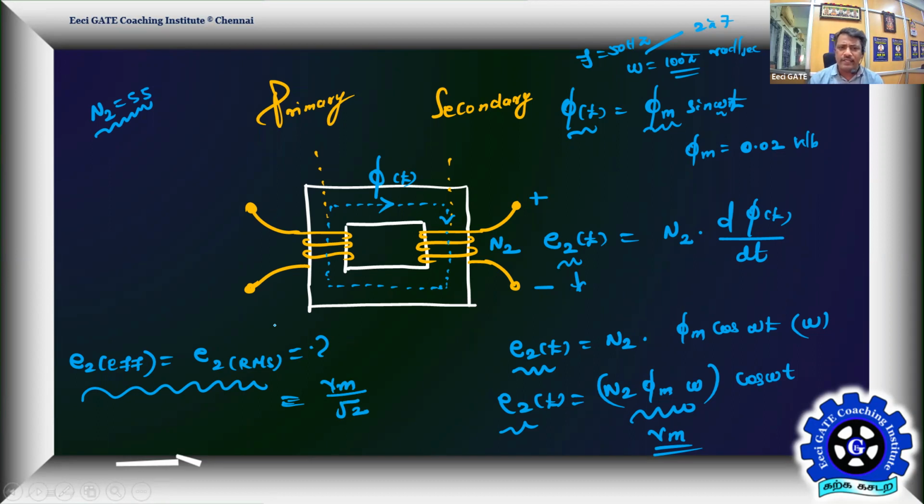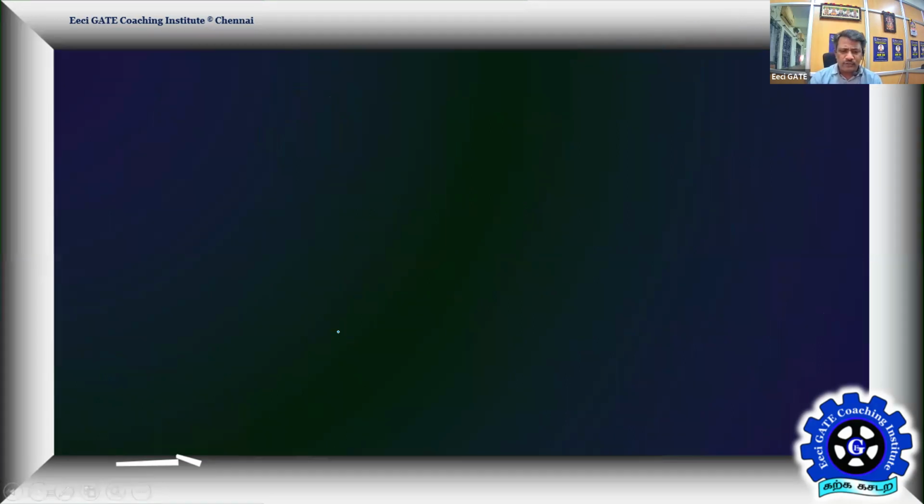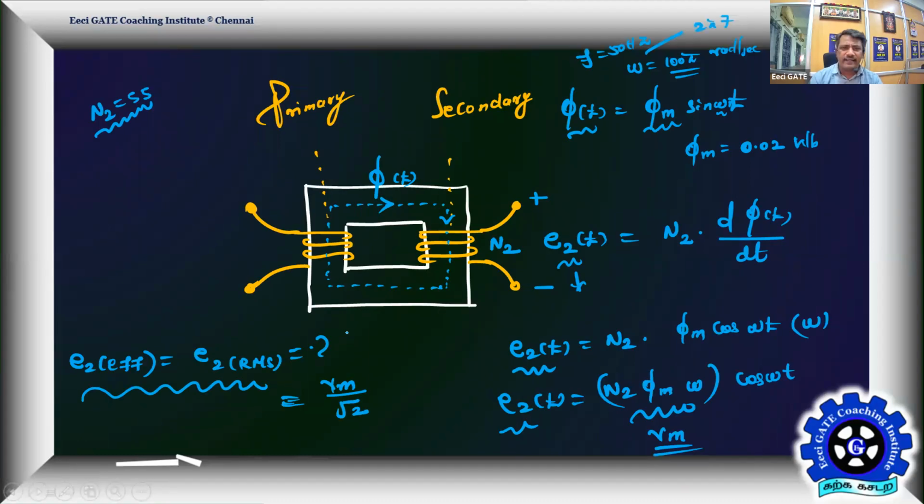So capital E2, the RMS value of your secondary, you can straight away go for from now. I have just given a simple proof. You can keep your fundamentals as simple as possible. You need not remember even expressions which you feel are a little hard. By practice, this will become an easy expression to remember because you play n number of times with this transformer as an electrical student.